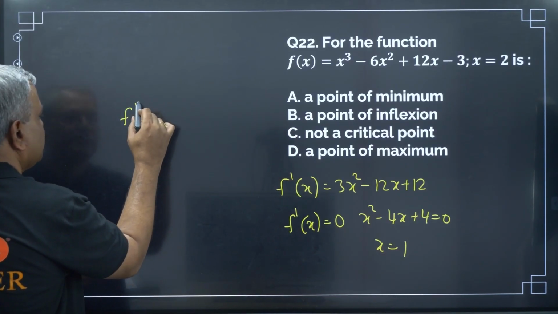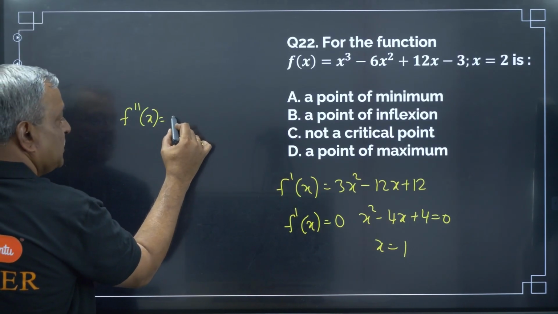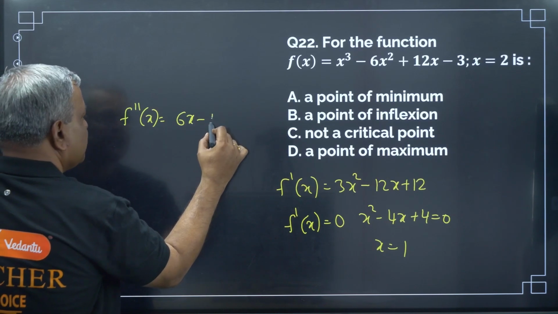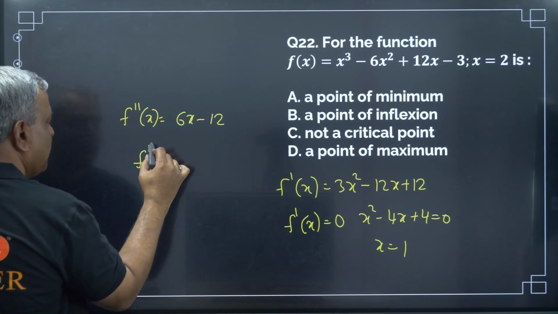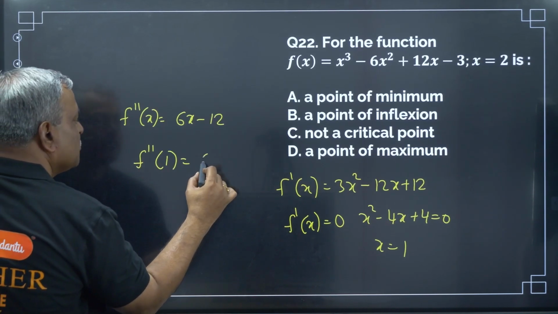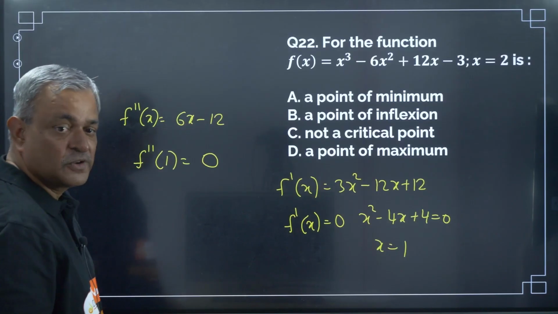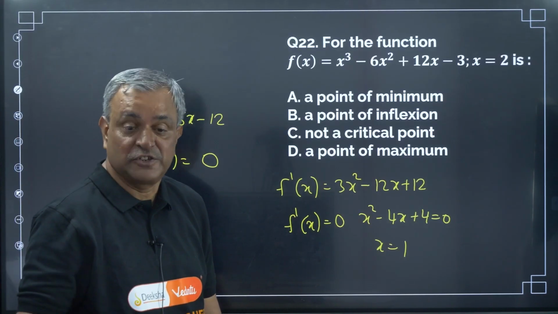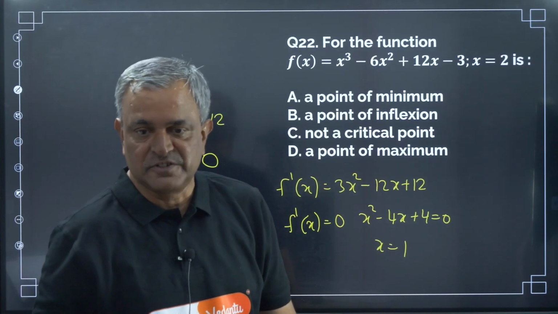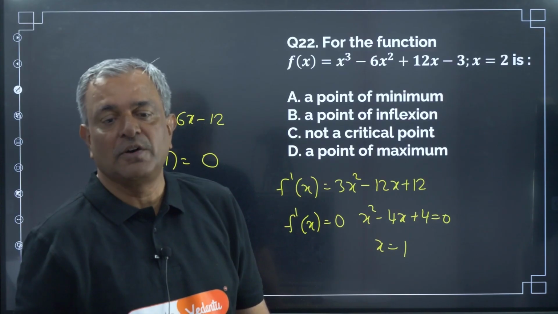Find f double dash x. f double dash x will give you 6x minus 12. So f double dash 1 is also 0. Whenever f double dash x is 0, the second order derivative is 0, then we say point of inflection.